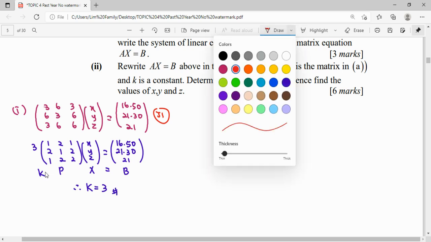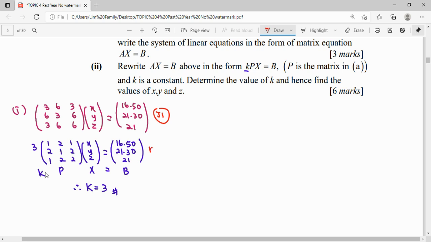For this part, the concept is to take out 3 and then find the k value. So this is our part 2. Then we are going to find x, y, z.